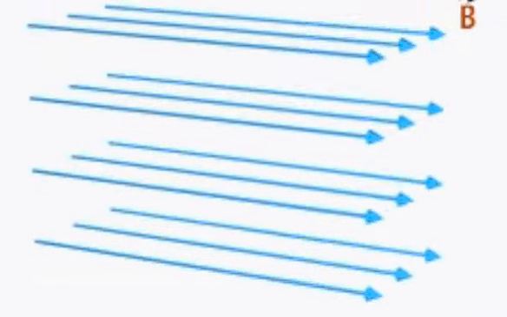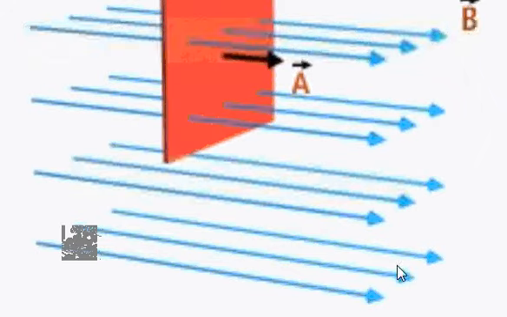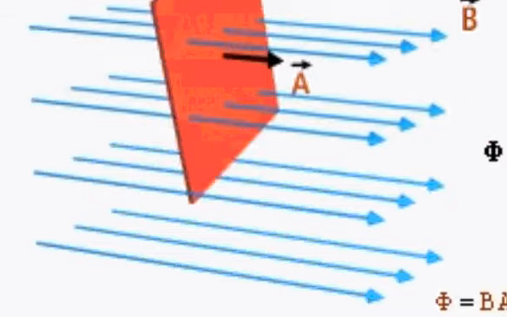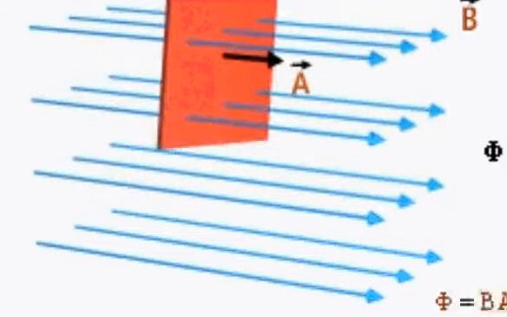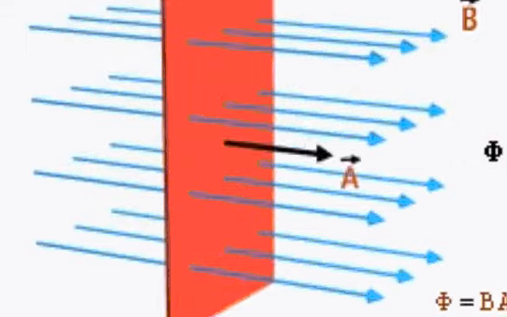When magnetic field lines pass through a flat surface, we can define a quantity called the magnetic flux that represents the number of field lines penetrating it. If the surface is rotated about the field lines, the magnetic flux does not change. However, the flux does change if the area changes.